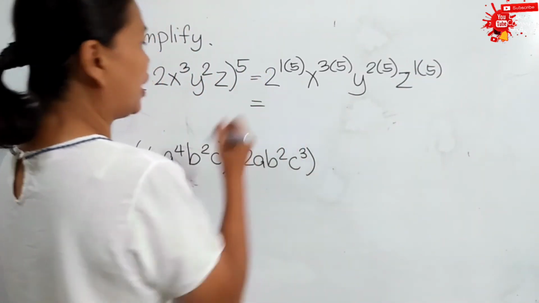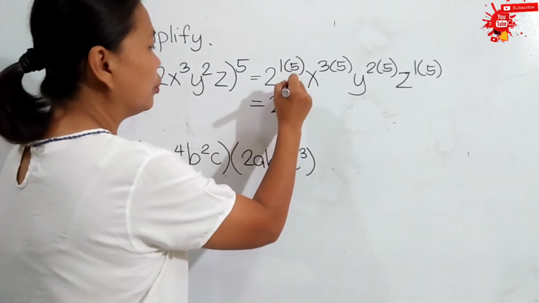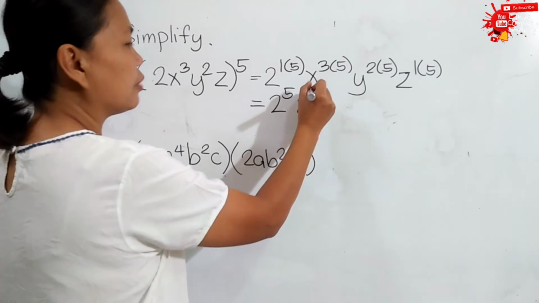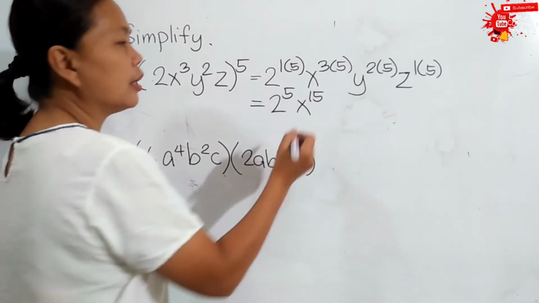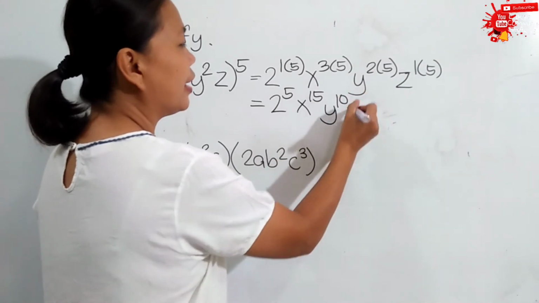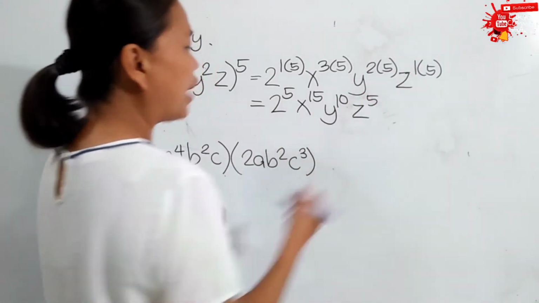Then let us simplify. So what is 2 raised to 1 times 5? So we will have 2 raised to 5. Then x raised to 3 times 5, which is 15. Then y raised to 2 times 5, which is 10. And z raised to 1 times 5, which is 5.